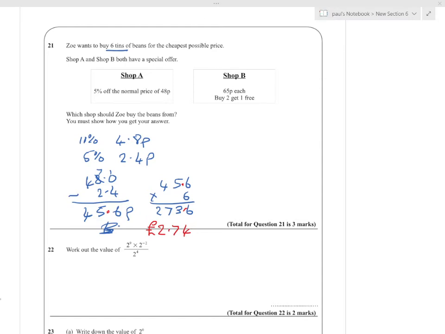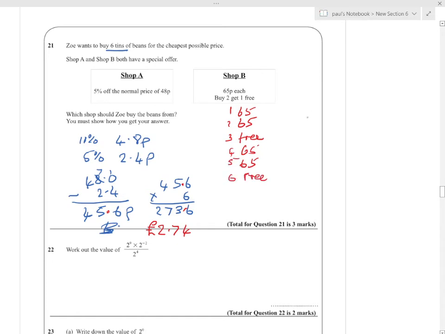Right, 65 pence, buy 2, get 1 free. So if you're going to buy 6, you're paying 65, 65, and then you get another free. So 1, 2, 3 is free. And then you pay 65, 65 for tins 4 and 5, and then tin 6 is free.